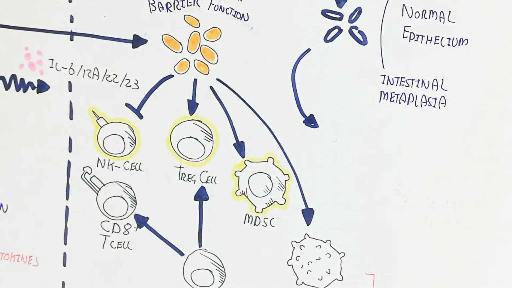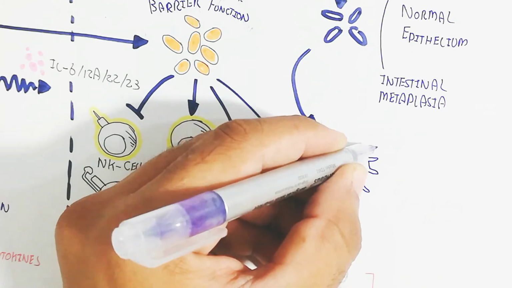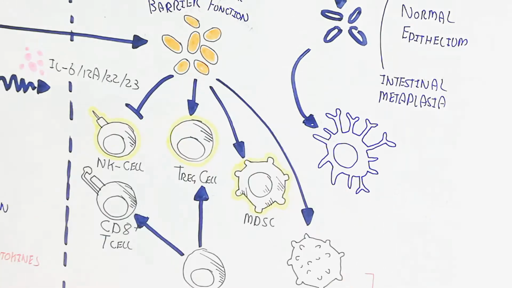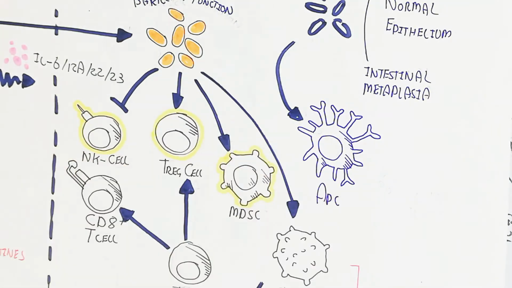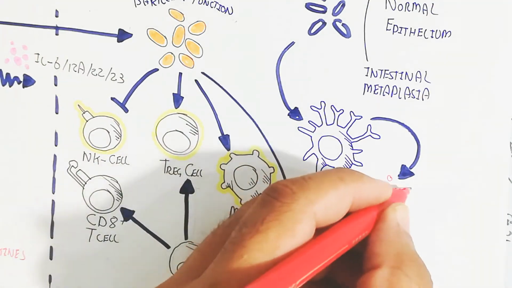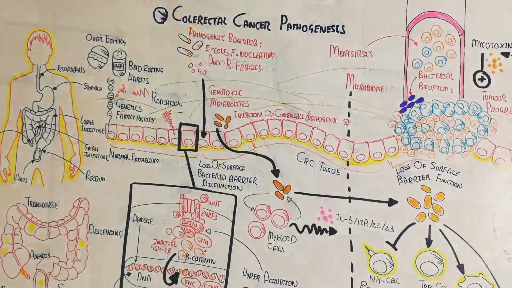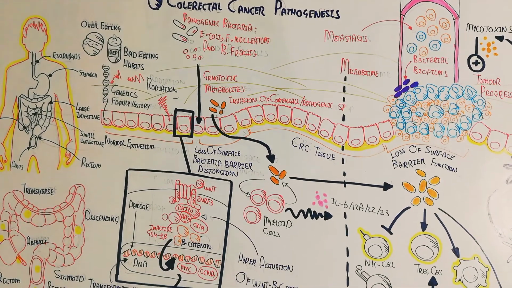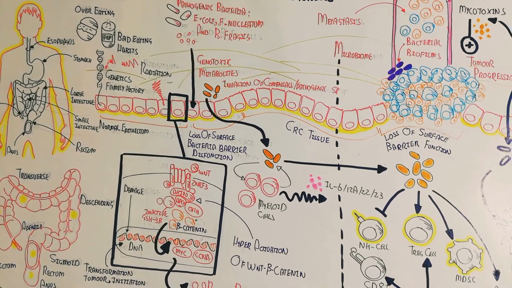So intestinal metaplasia formation will occur, and in this way you can understand this is the antigen presenting cell, which produces interleukin 17A and 22, due to the inflammation and the invasion of the mycotoxins. This mycotoxin will stimulate the antigen presenting cell, which will stimulate the T regulatory cell and other things.